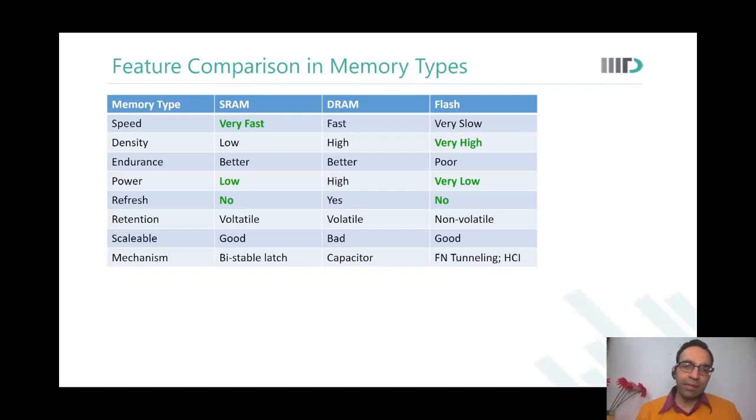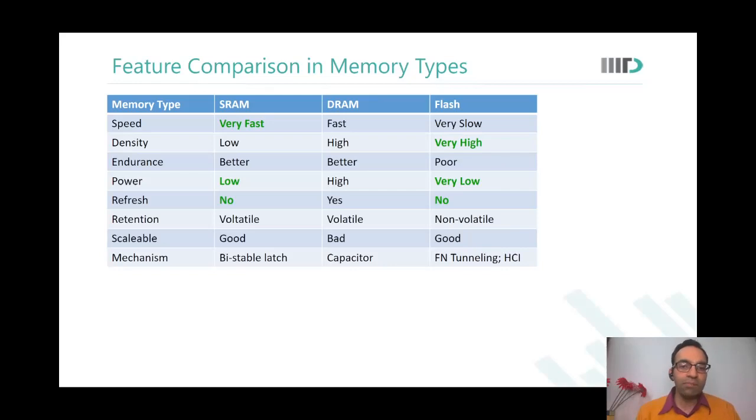Another thing is that DRAMs require refresh. DRAMs are dynamic random access memories. As we discussed a little while back, DRAMs store information on capacitors in the form of charge. Capacitors cannot replenish any loss of charge due to leakage, and all devices leak.